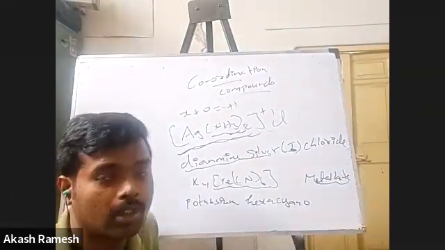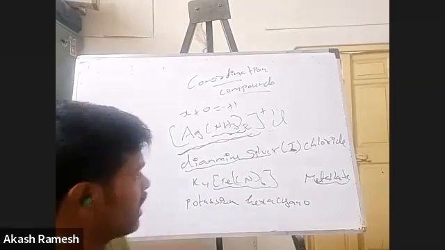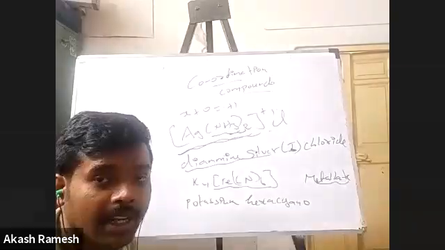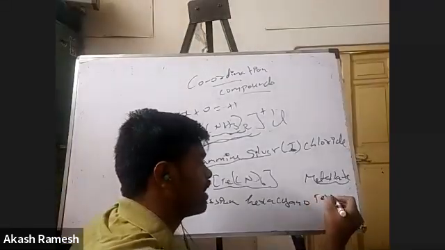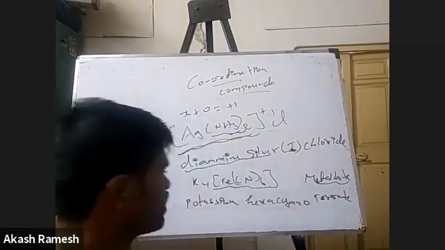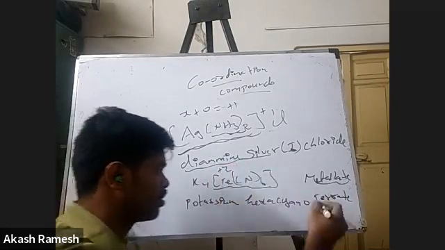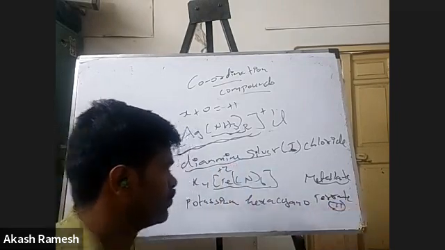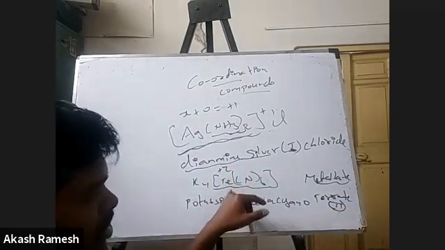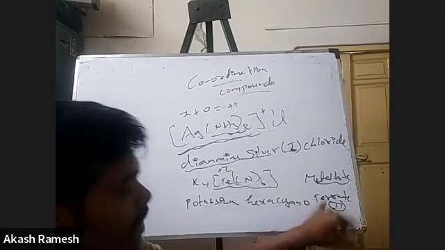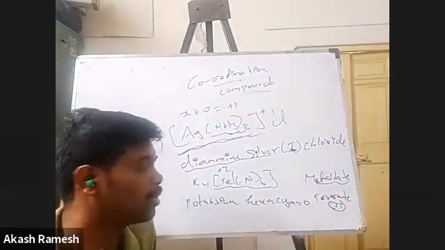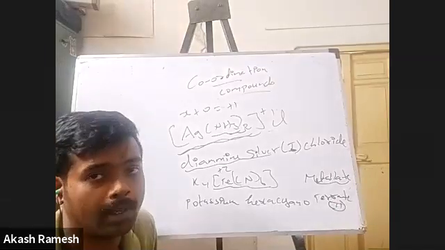ATE is what it should end with. In this case it is iron, so I'm going to call it ferrate, and you can easily calculate the oxidation state. If you calculate, it will be +2. So potassium hexacyanoferrate(II) is the name of this complex.